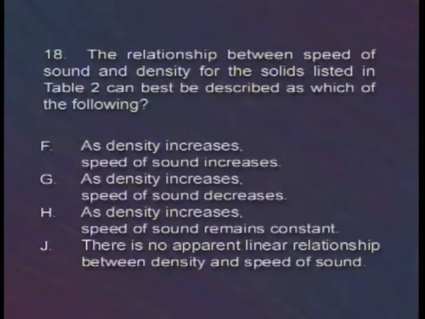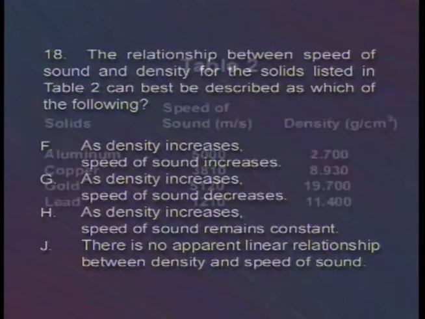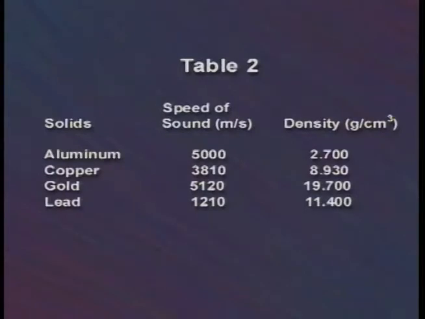Question 18. The relationship between speed of sound and density for solids, listed in Table 2, can best be described as which of the following? Let's look at Table 2 once again, this time at the part providing information for solids. Let's draw our own graph.